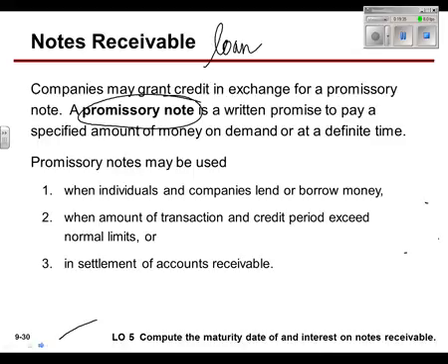Like when an AR kind of goes bad, we're going to say, okay, we're going to turn this into a loan. We're going to give you some extra time to pay it, but we're going to charge you some fees with it. So to borrow money, because a normal transaction's kind of out of the normal limits, or to give options to ARs, are why businesses extend loans to customers or other businesses.